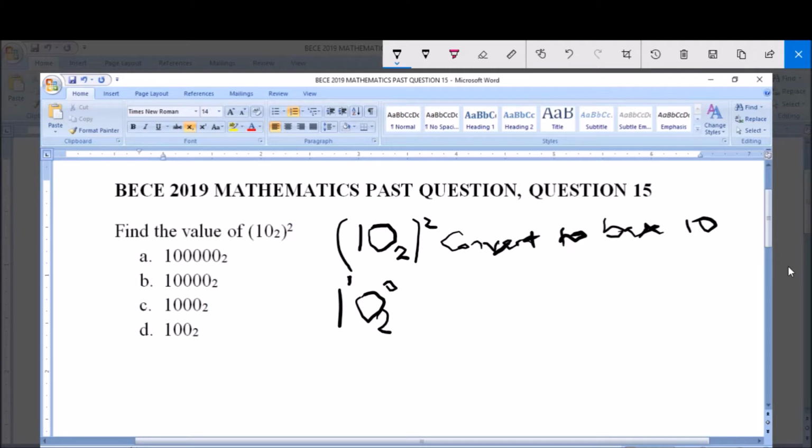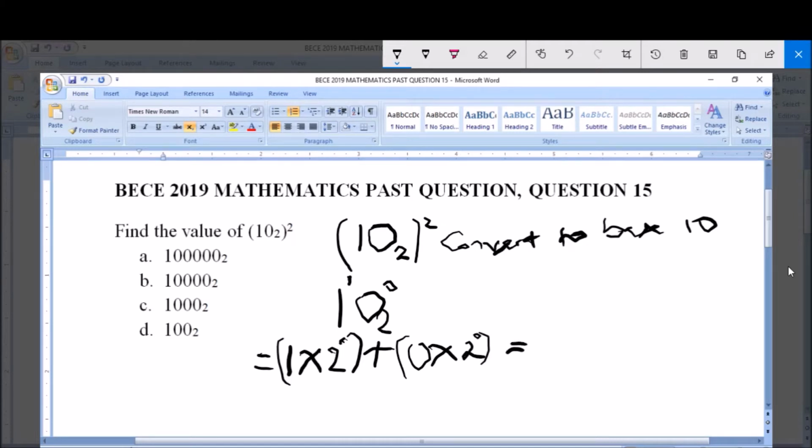You now multiply each of these numbers by their base raised to the power of these numbers here. What do I mean? You now have 1 multiplied by 2, which is the base, raised to the power of 1, that's this one here in brackets, plus 0 multiplied by 2 raised to the power of this 0 here, which is the power of 0 in brackets.